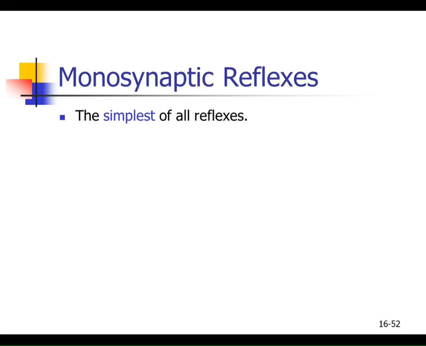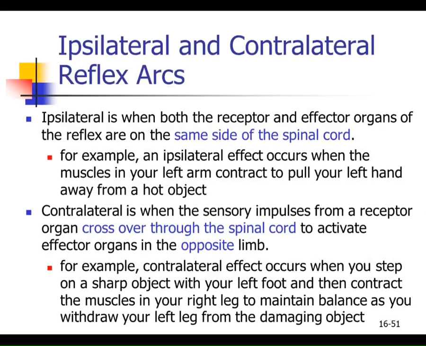Okay, so this idea of monosynaptic, let me go back. I think this is about where we were on Monday. So ipsilateral versus contralateral tells us what? Ipsilateral means on the same side of the body, contralateral on the opposite side. Ipsilateral, if I stick my finger out with my right hand and burn it and pull back my right arm, that's all happening on the same side of the body. That would be an ipsilateral response.